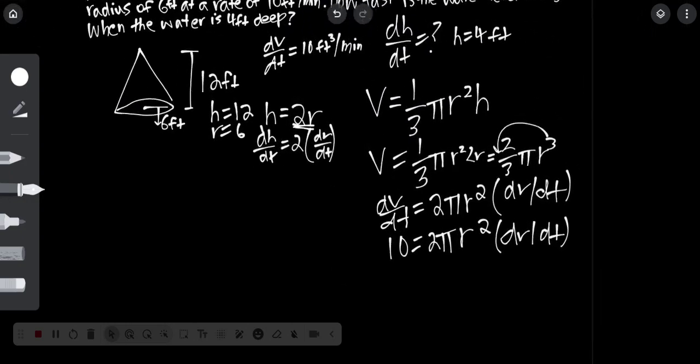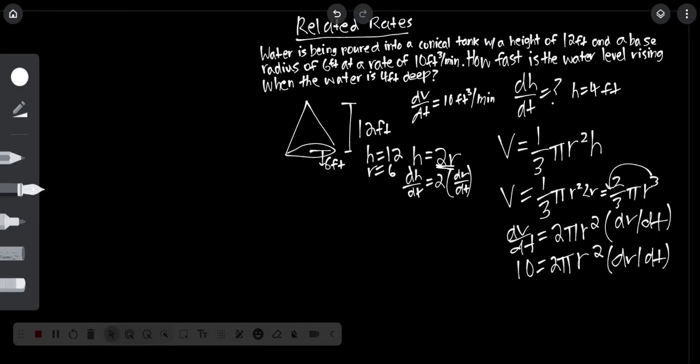And what is dr/dt? Well, are we given dr/dt? No. But what do we know instead? We know that the height and the radius are related. If we're trying to find when the water level is 4 feet deep, then when h is equal to 4, r is automatically equal to 2, because the height is always twice the radius, because it's proportional.